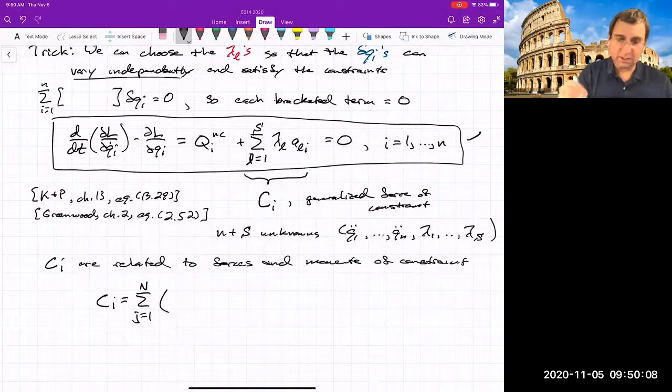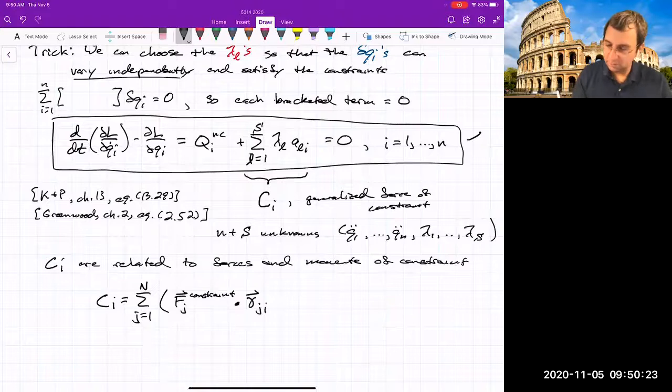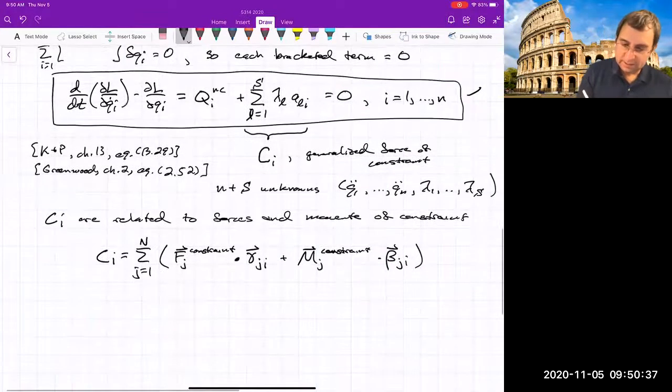So this is going to be a sum over forces, F_j, and I'll write up here constraint, dotted with those gamma_ji, those projection vectors, plus the moment of constraint, dotted with beta_ji, which are also projection vectors.